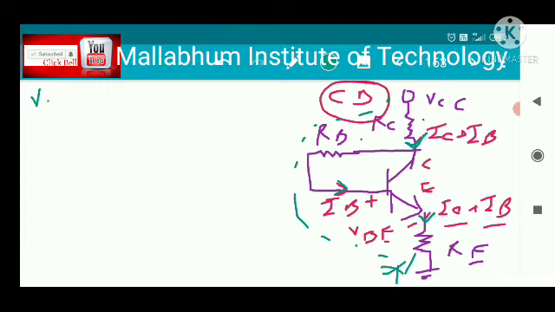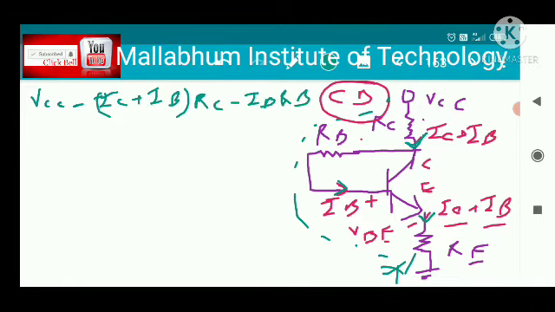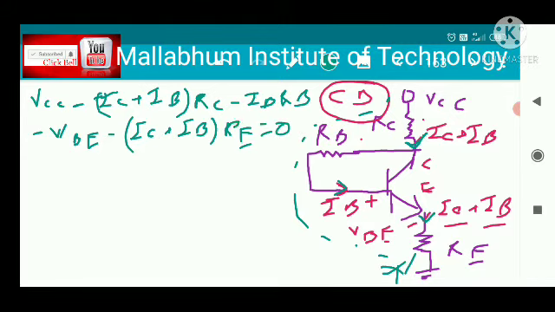So VCC minus (IC plus IB) into RC, minus IB RB, minus VBE, minus (IC plus IB) into RE is equal to 0.